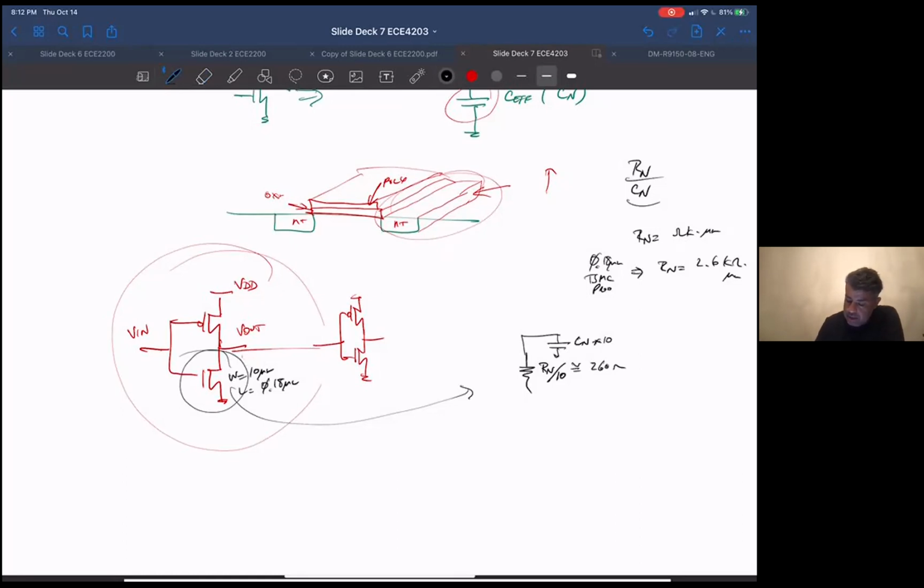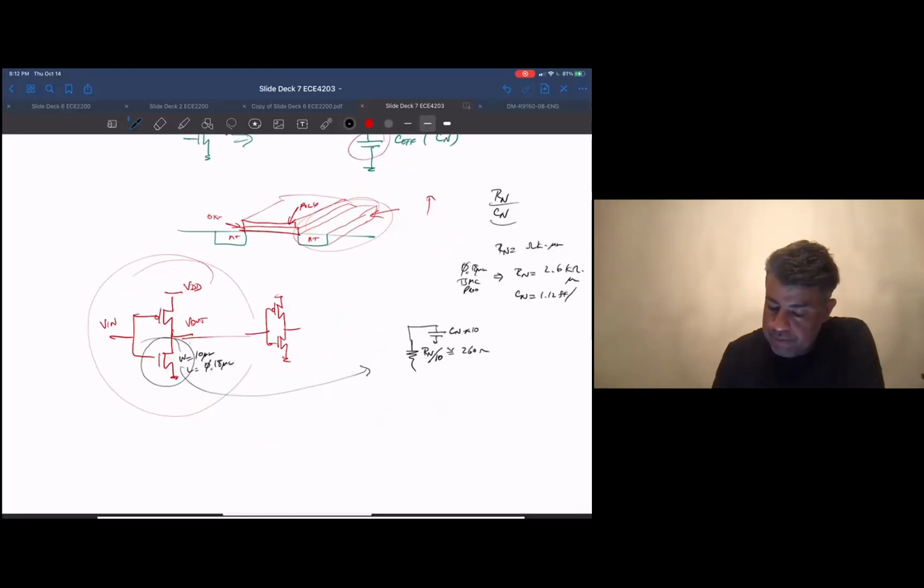I think in this process it was 1.12 femtofarads per micron, so it would equal 11.2 femtofarads for the N.